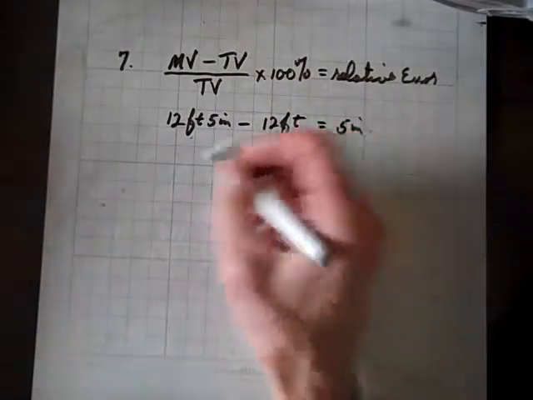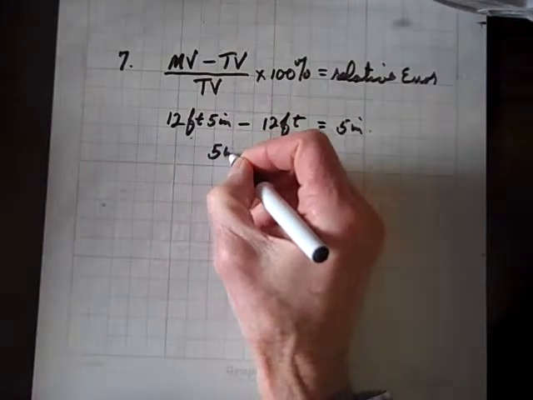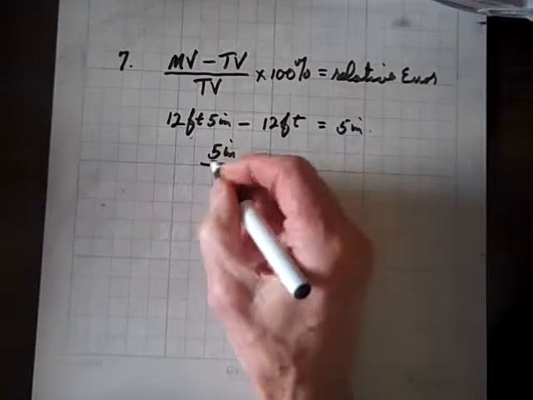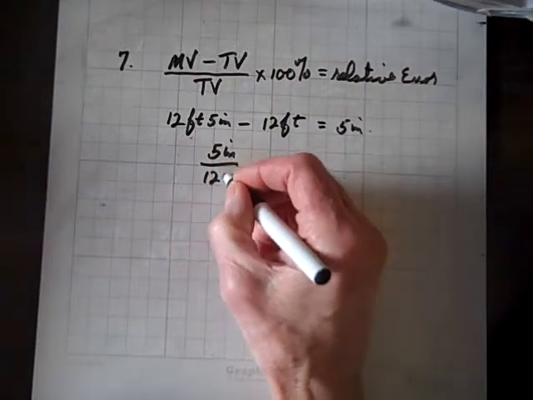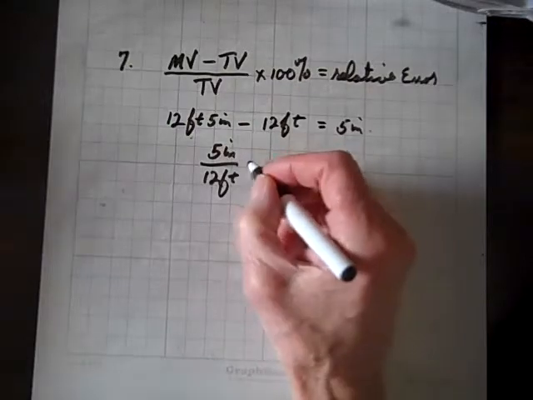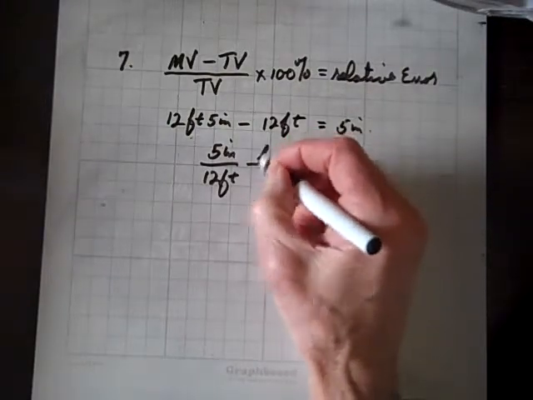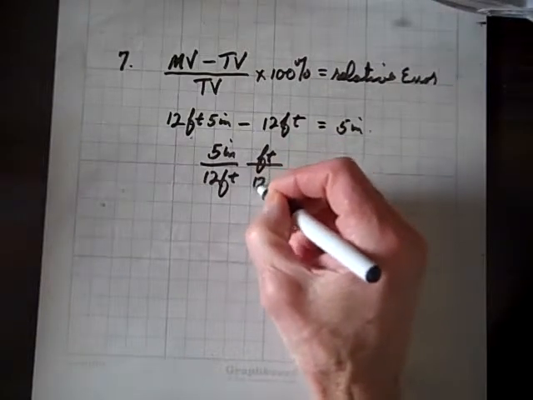Now to find the relative error, we'll take that difference, 5 inches, and we'll divide it by 12 feet. But we have to have like units, so we'll convert by dimensional analysis feet to inches.